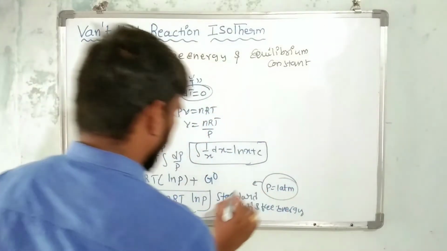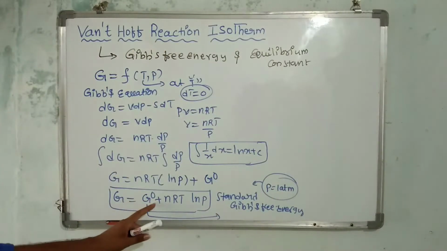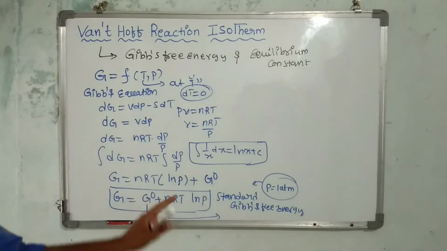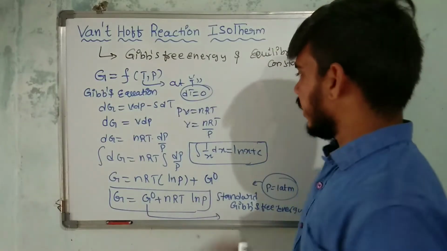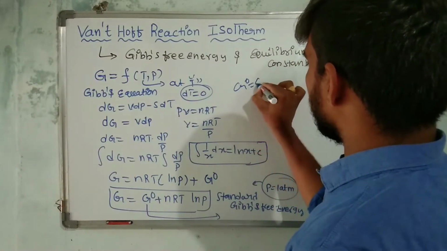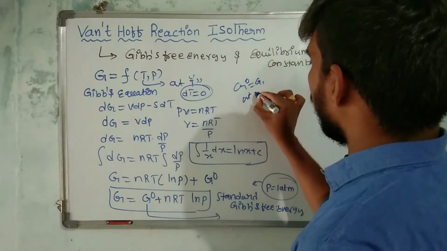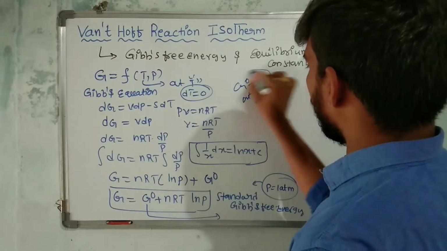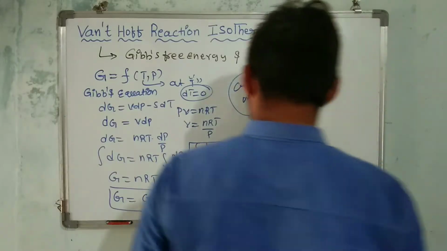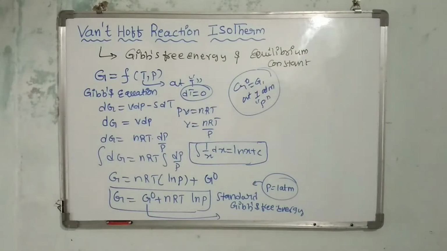That is, G naught is equal to G at 1 atmosphere pressure, and it is called the standard Gibbs free energy. This expression is present there.